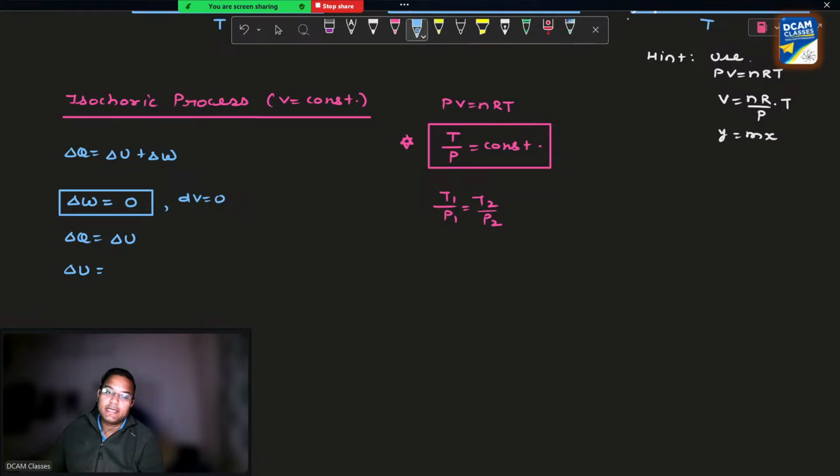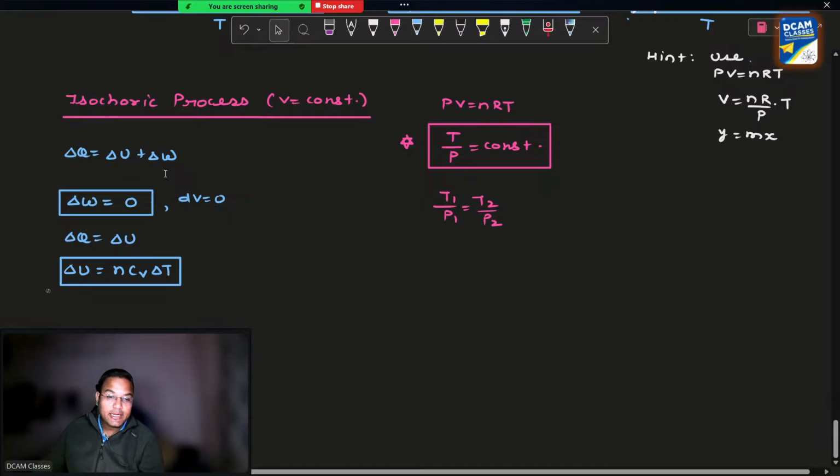I just said in the previous process, delta U remains same, nCv delta T. Whatever may be the process, this value does not change. So then for this process, Cv would be equal to Cp? No, in this process, actually Cp does not come into picture only.